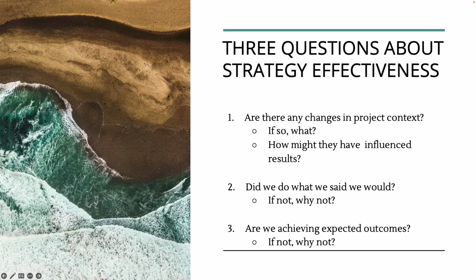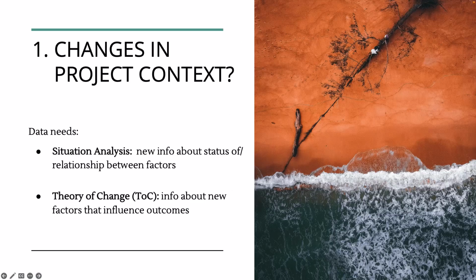Each question requires compiling and tracking different types of data. In this module, we'll learn how to track and prepare the data needed to answer questions 1 and 2. In the next module, we'll learn how to track and prepare the data needed to answer question 3. Well, let's start with question 1 about any changes in project context.